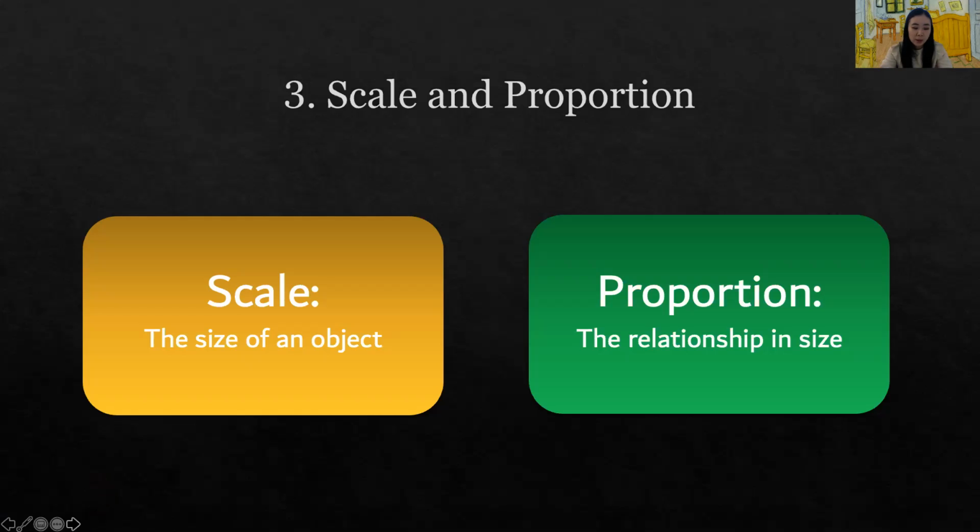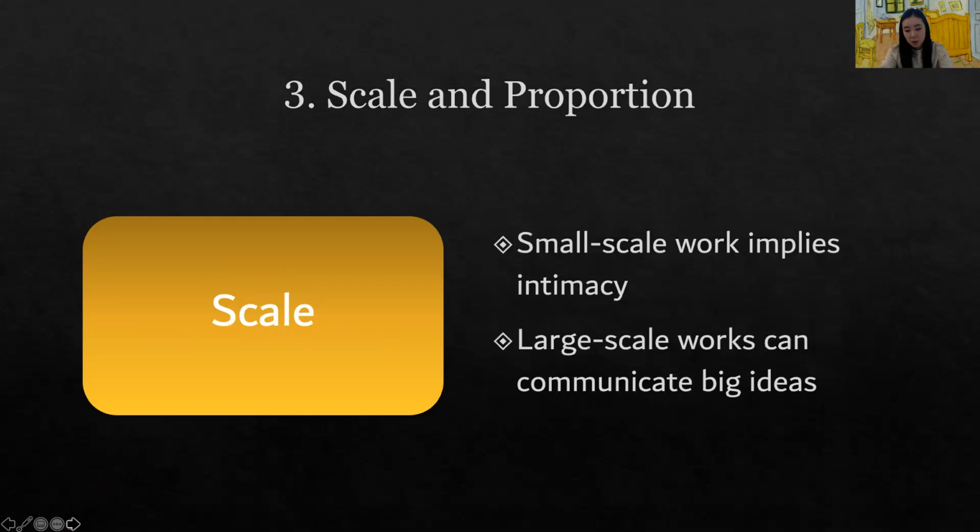So let's see the scale first. The scale of a work of art communicates ideas. Small scale pieces force viewers to come in close to experience the work of art. So a small scale work implies intimacy.